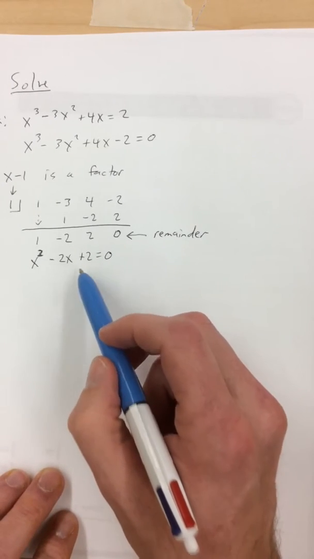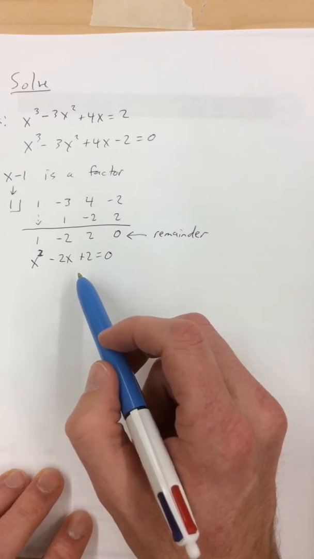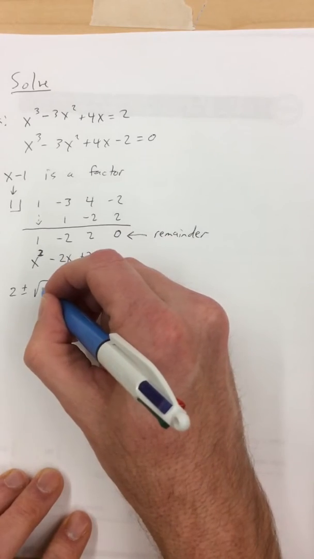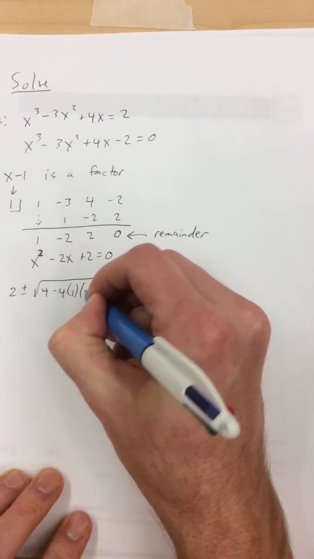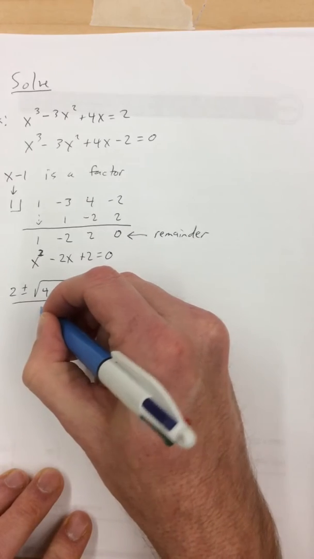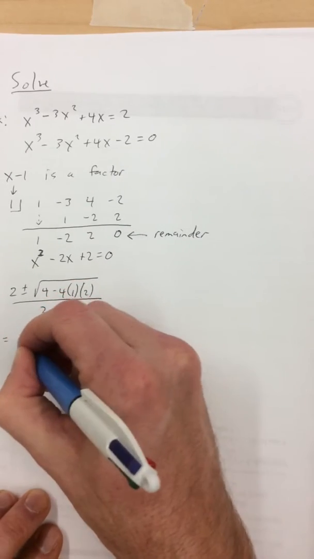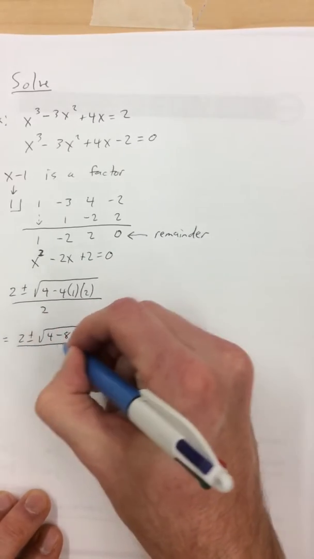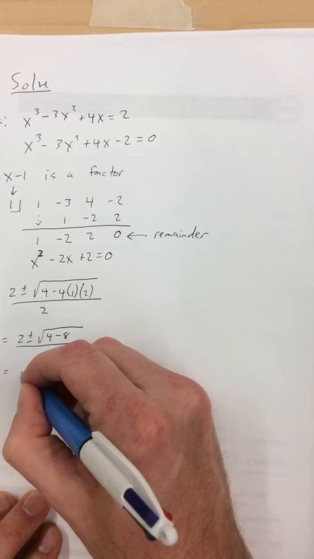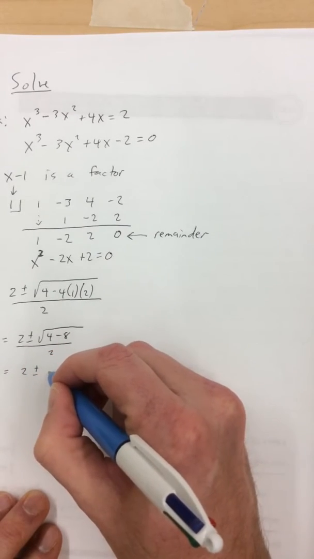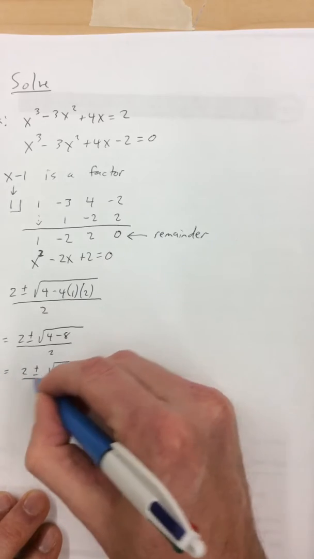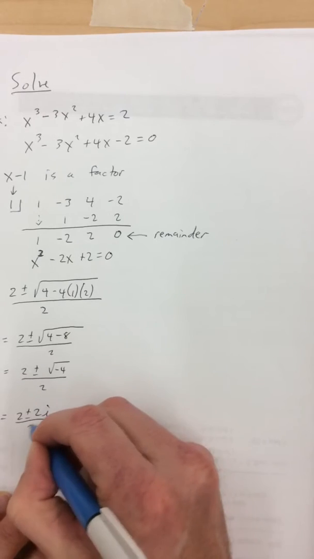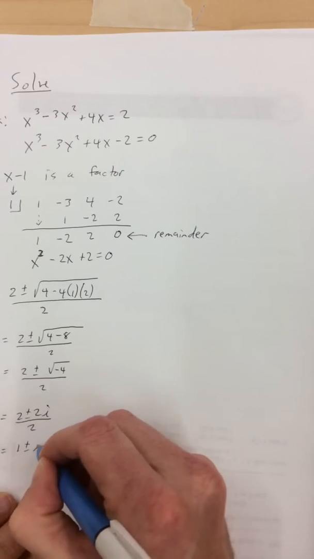And as we look at this, we realize this is not factorable, so we need to jump into the quadratic formula. So we'll do 2 plus or minus the square root of 4 minus 4 times 1 times 2, over 2 times 1, or 2, which gives us 2 plus or minus the root of 4 minus 8 over 2, equals 2 plus or minus the square root of negative 4 over 2, 2 plus or minus 2i over 2, equals 1 plus or minus i.